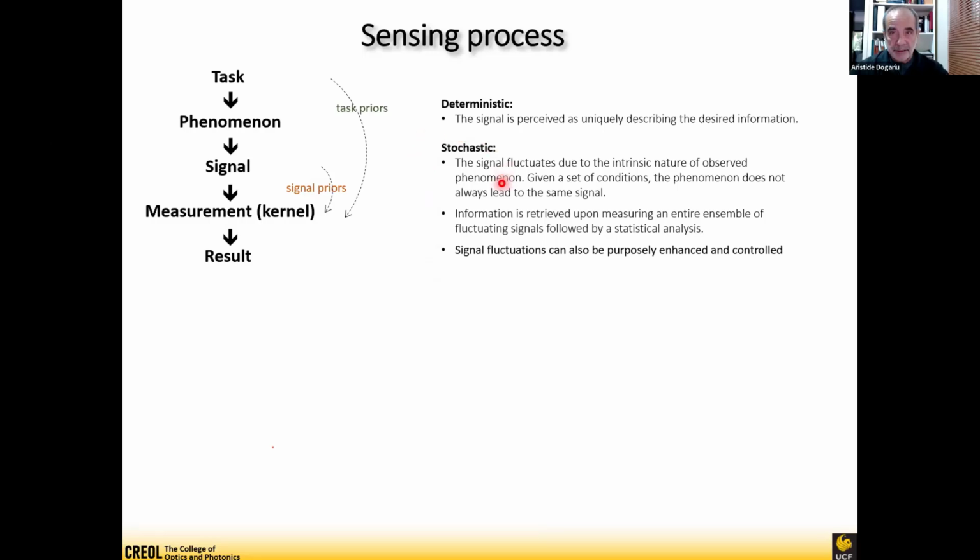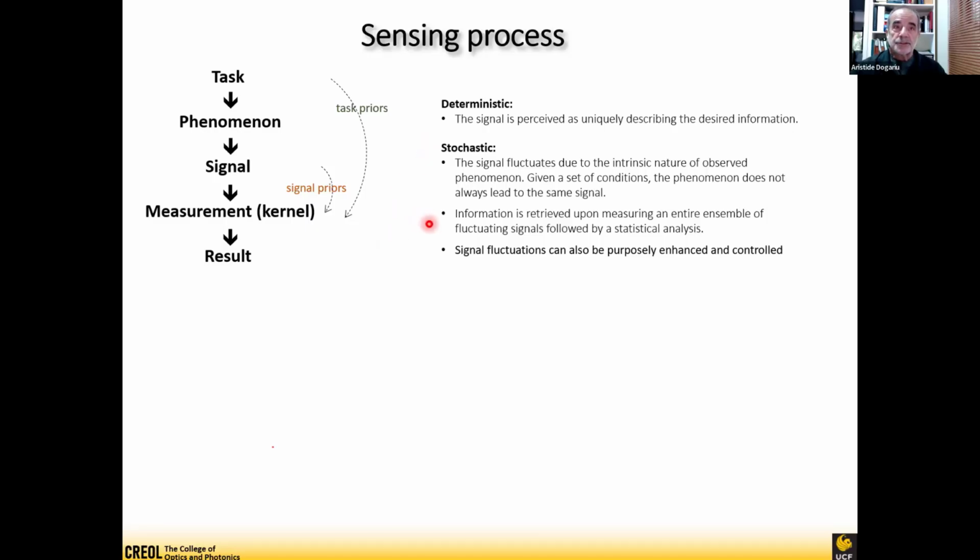In building up strategies for getting a better sensing outcome, we usually take advantage of prior knowledge, right? We did not start the world. People have been before us. So there are task priors and signal priors that we usually take advantage of.